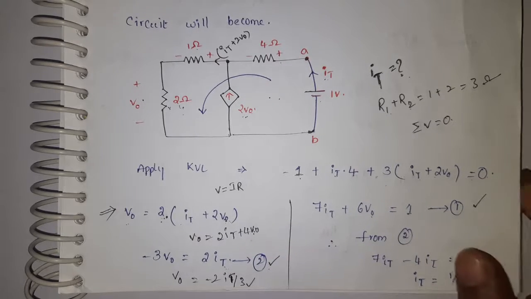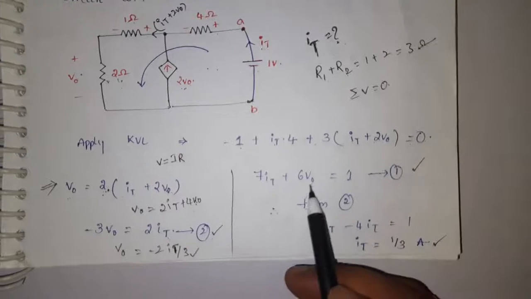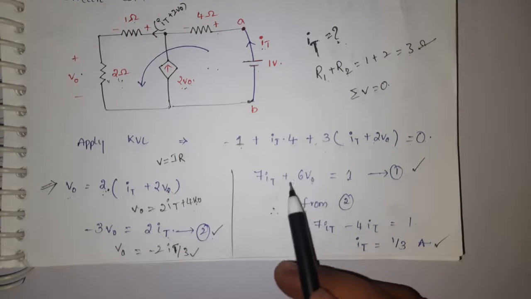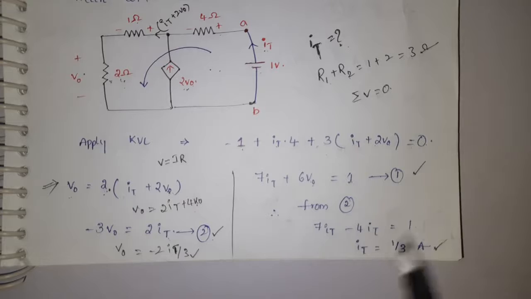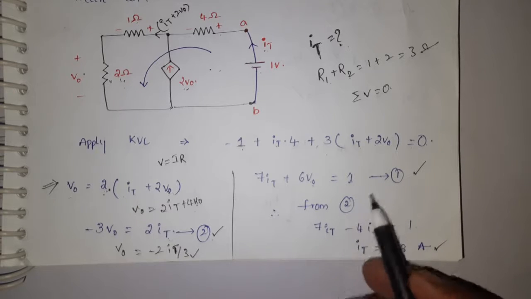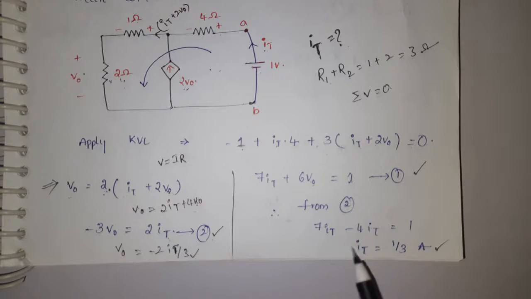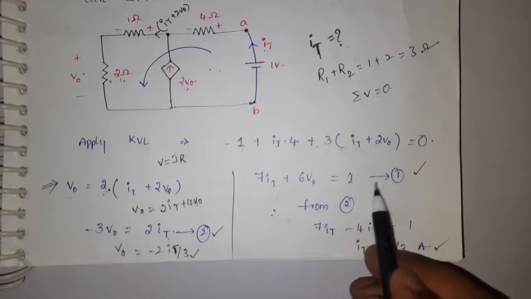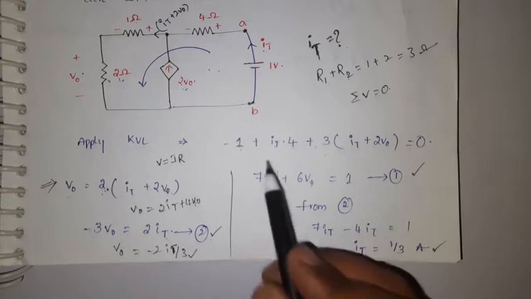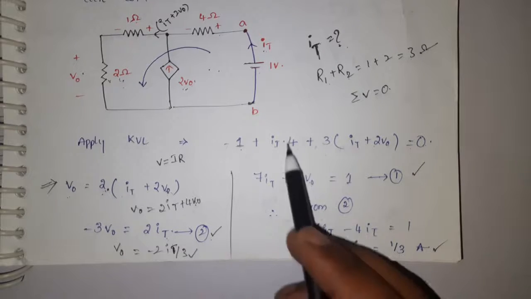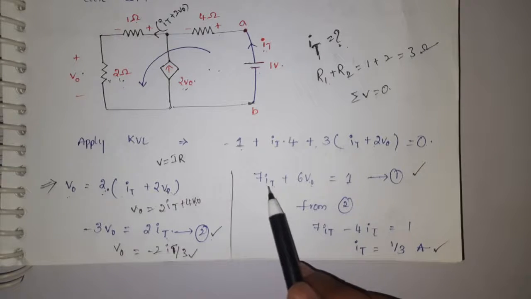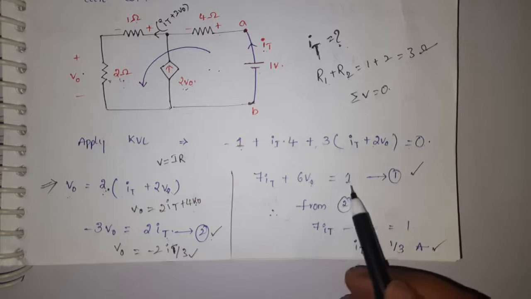Substitute this value in this particular equation. From equations number 1 and 2, we get the IT value as 1 by 3 ampere. How did we get equation number 1? When we solve this, 7 IT plus 6 V naught will be 1.